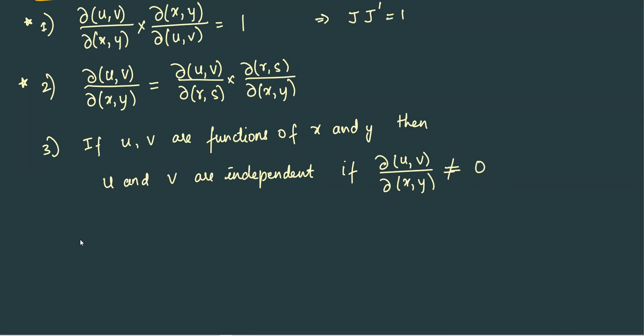If this Jacobian is equal to 0, then u and v are not independent functions.